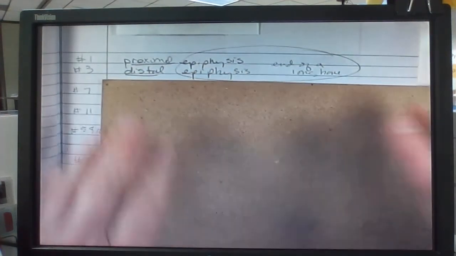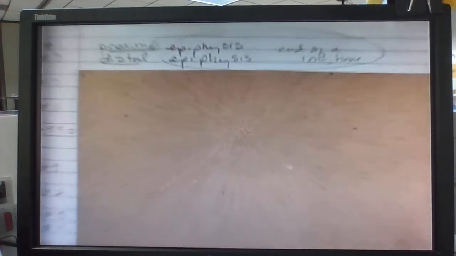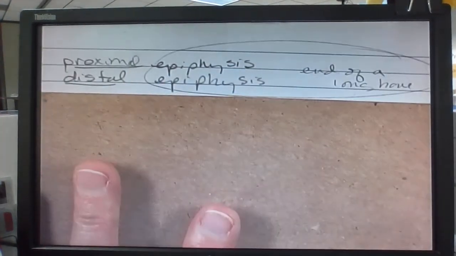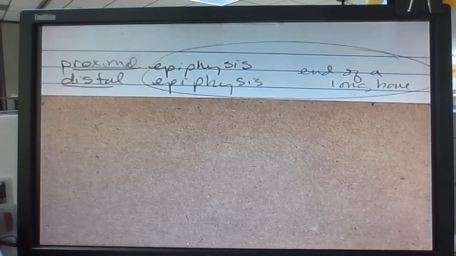Number 3 is the distal epiphysis. Epiphysis is the term that we give to the end of a long bone.